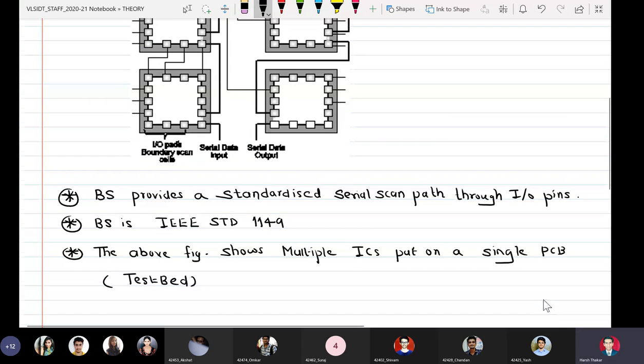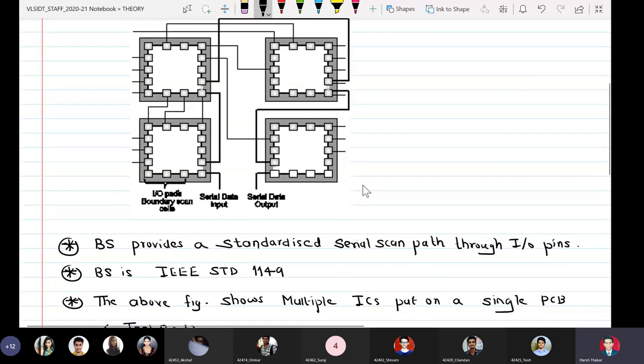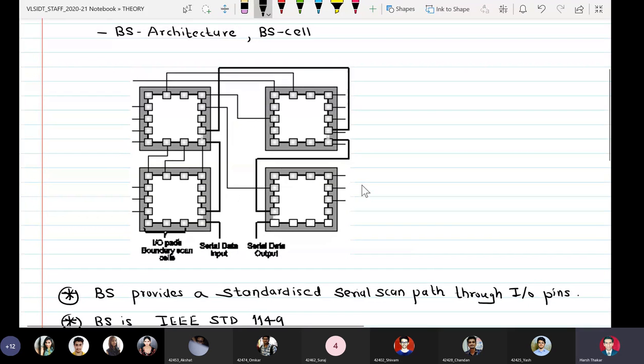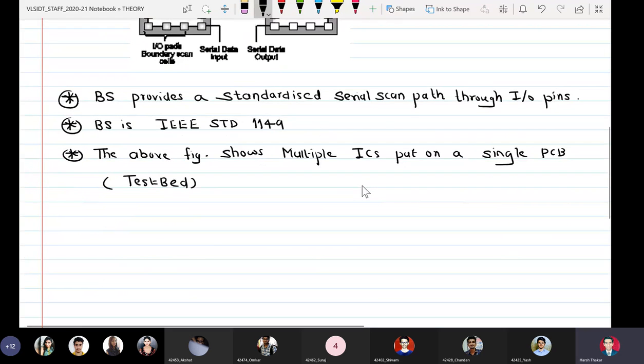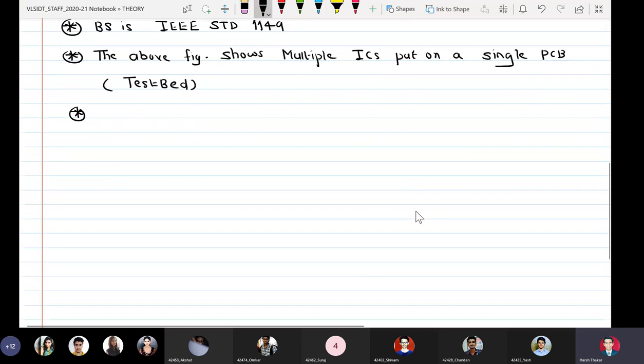The ICs to be tested are all put on the same printed circuit board, and they are all being tested using boundary scan technique. This printed circuit board is now called a test bed. The ICs can be connected in series or parallel.